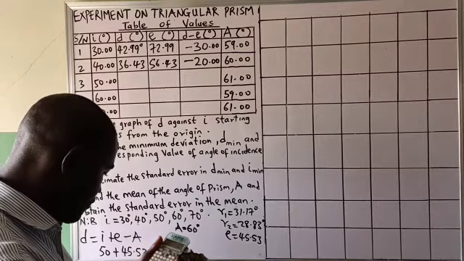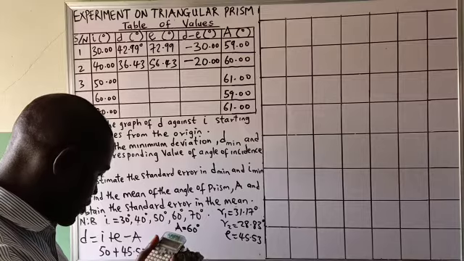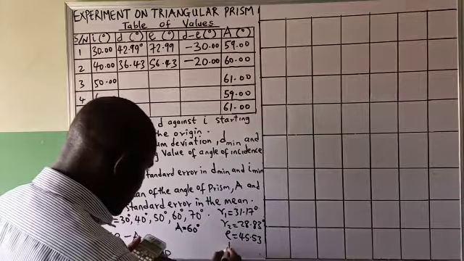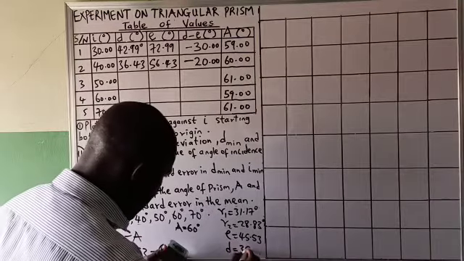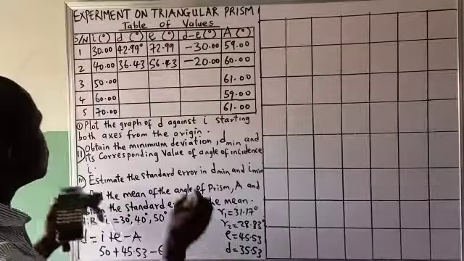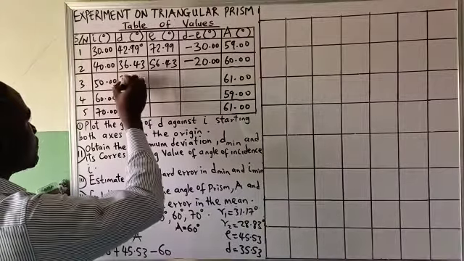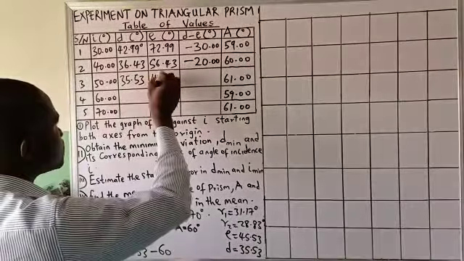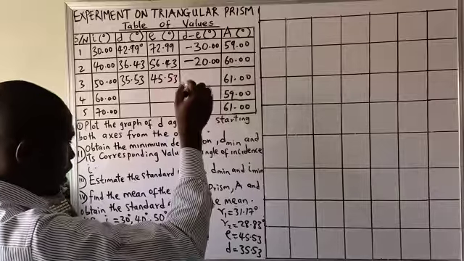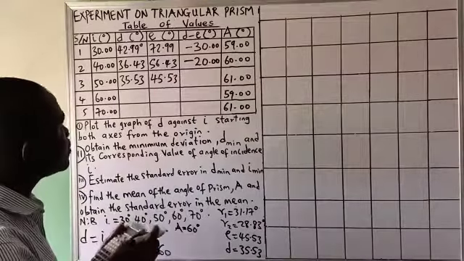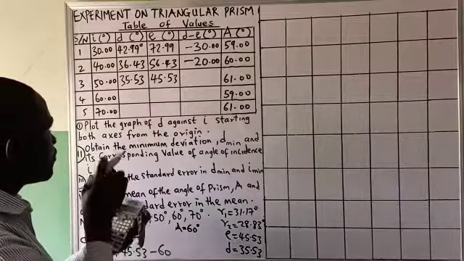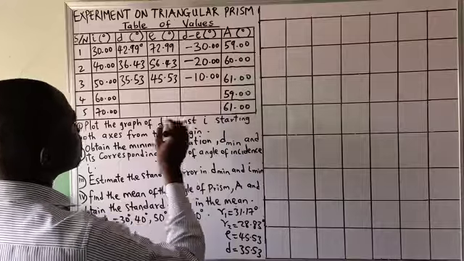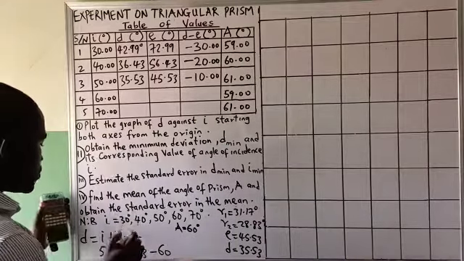That is D equals 35.53. So we'll have it here, 35.53, our E 45.53, and our D minus E. D minus E will be giving us minus 10.00. Okay, we'll go to the next one.